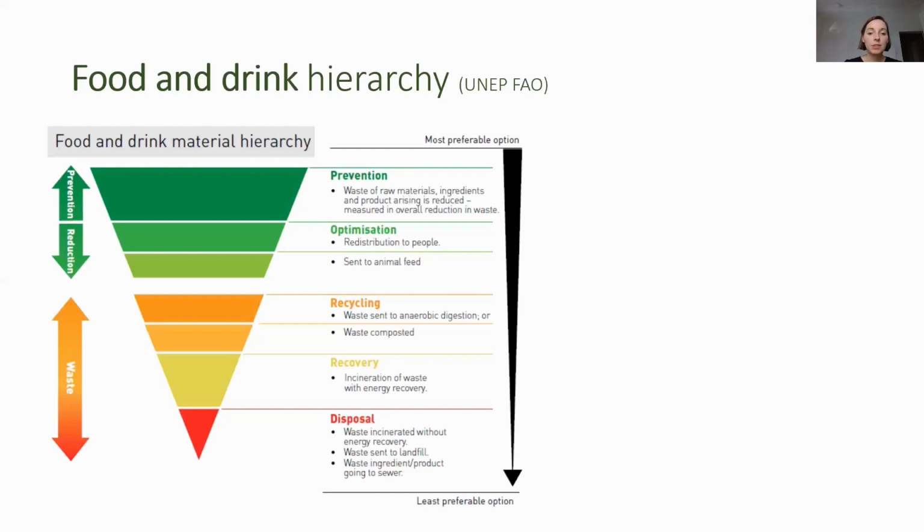And then sent to animal feed, this I think is also a very interesting option for food and drink. And this is something that, for example, bakeries can do. Bread can be processed so that pigs or cows can eat it, or chicken, or if we think about animal feed, we can even go as far as to think about insects.